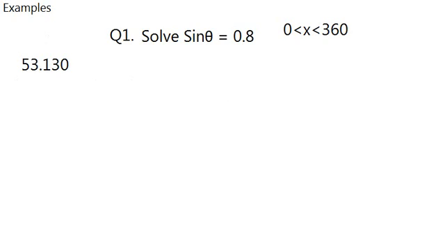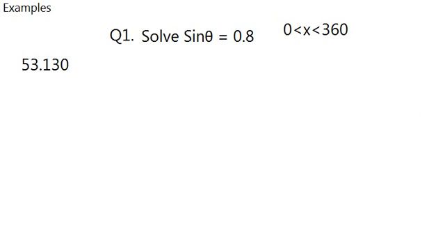No matter how many times you click the equal button, it will keep saying 53.130 because it has no idea which one you want, so it automatically gives the smallest possible value, the one that is closest to 0.